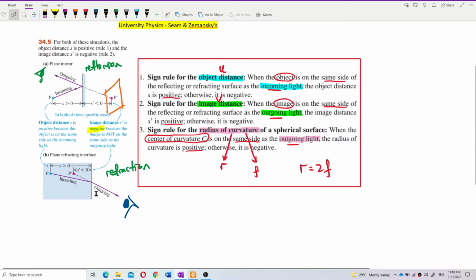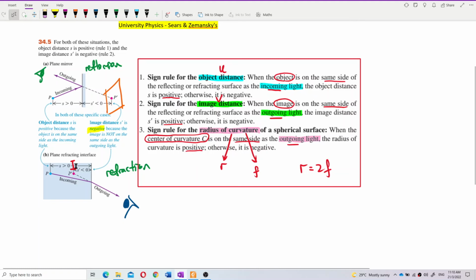The outgoing light still seems to come from that point, from the image. This is a virtual image because the outgoing light seems to come from it. But this one cannot form on screen. There's nothing there.